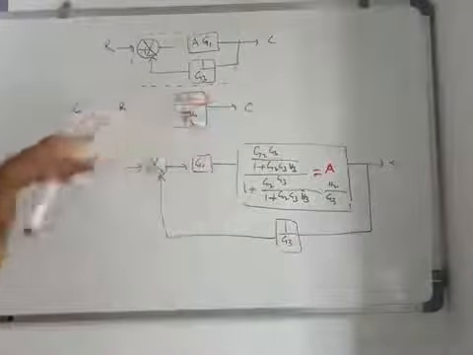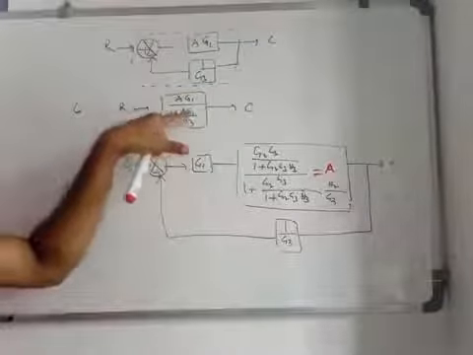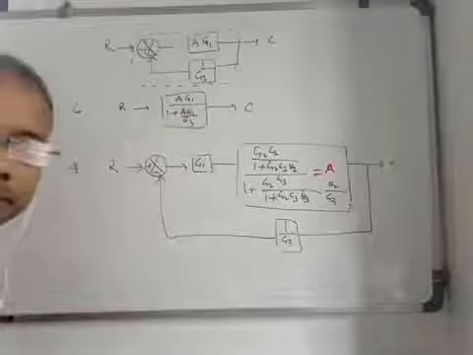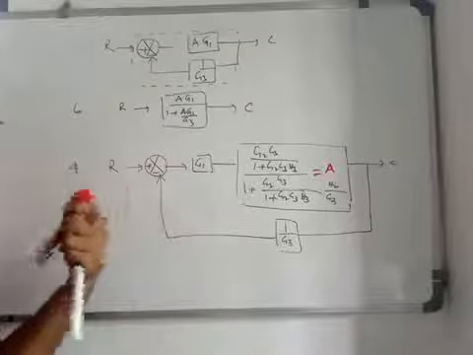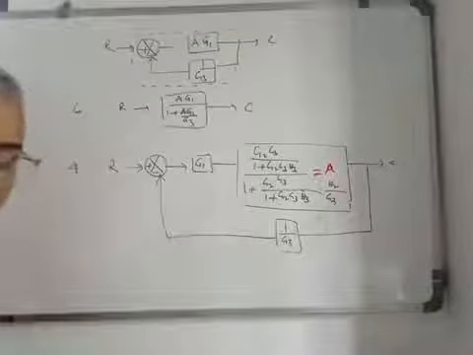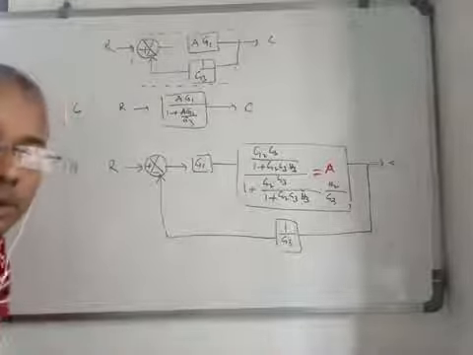So you can get C by R is equal to A G1 by 1 plus A G1 by G3, right? So this is the procedure for how you can get the solution for any reduced block using the block diagram reduction technique. Either you can shift the take-off point, or you can shift the summing point, right?